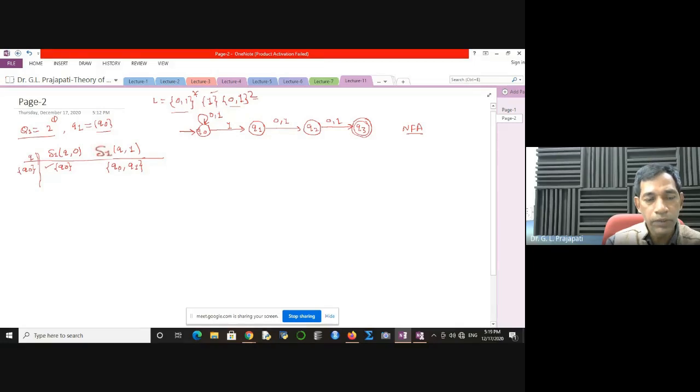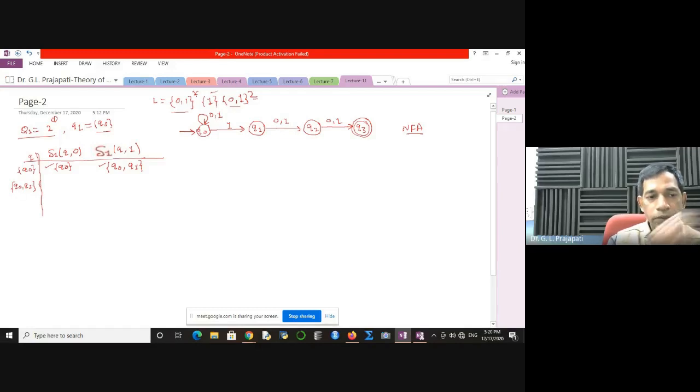Now you need to define the transition for the new state you can reach from the initial state. So here you have Q0, Q1, the new state of your DFA.